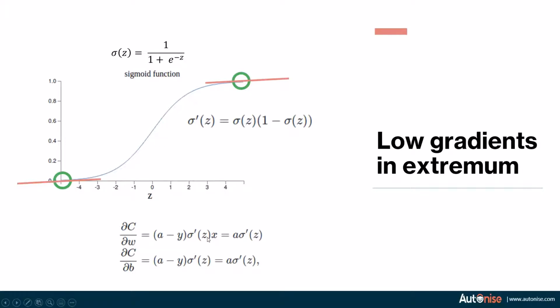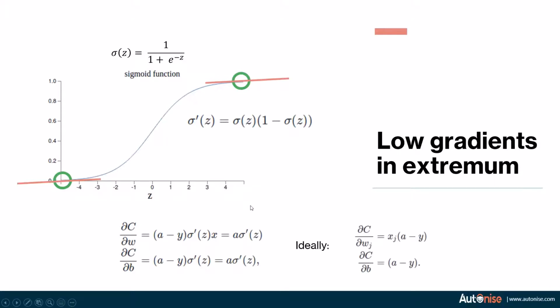So when w is very large, sigma dash of z will tend to 0. And that is what was happening earlier. When initially the weights were very large, z was very large. Hence, the derivative or the gradient was very small. So the model was not learning fast.